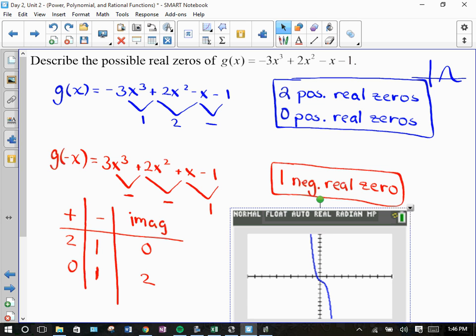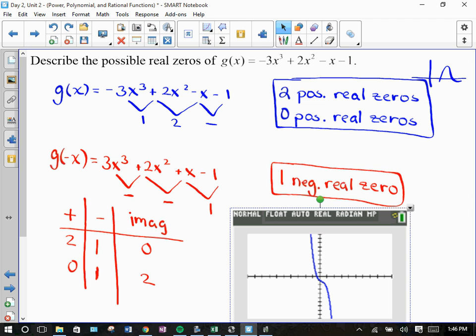Why? That's right. The highest exponent is 3. So there has to be 3 zeros.